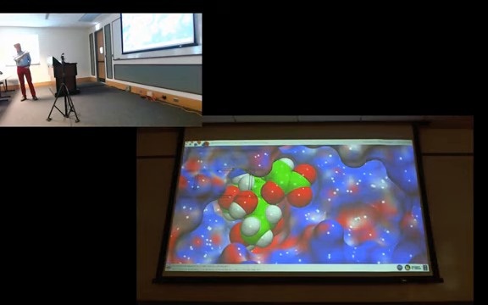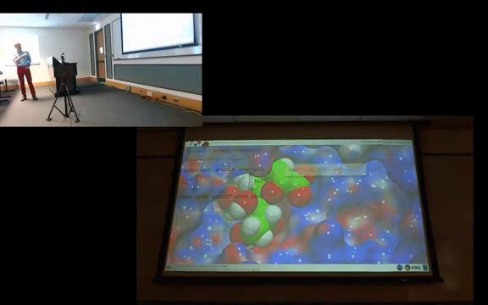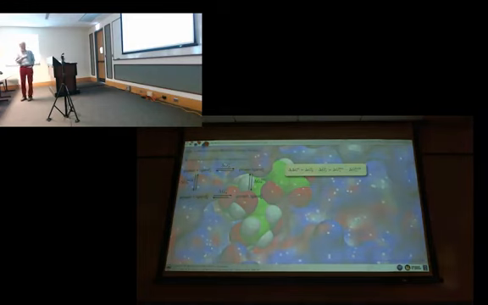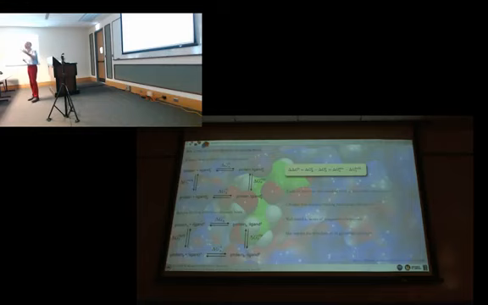As you can see in this animation, we are in the cavity of neuraminidase, and we are transforming one drug into another one. We're transforming Tamiflu into Relenza, which were the blockbusters used to fight avian flu.